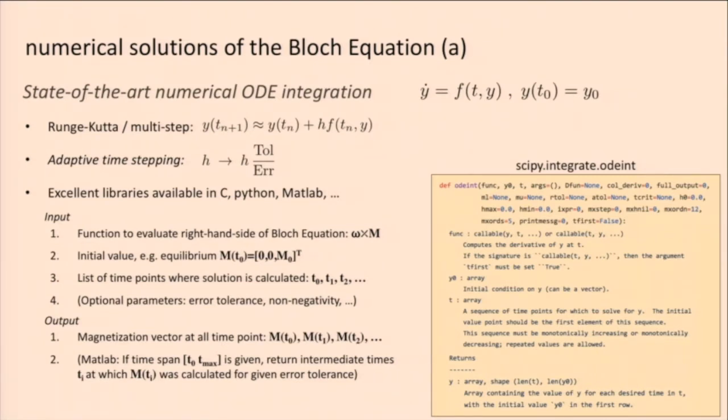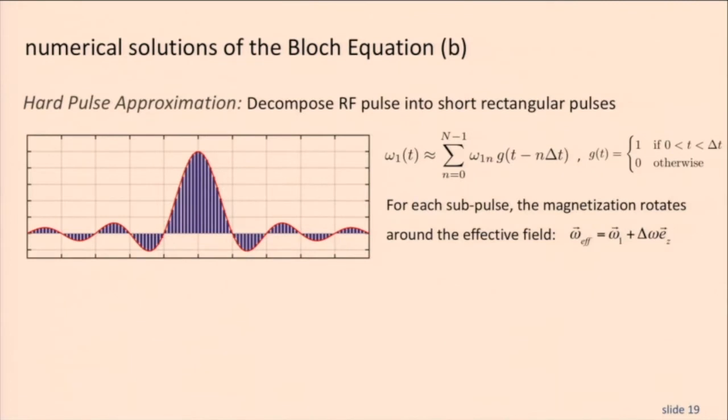The other possibility, which is very often used in MRI, is the so-called hard pulse approximation, which basically splits the excitation field, for example a sinc pulse to select a rectangular slice, into small constant driving hard pulses, and therefore it's called hard pulse approximation.